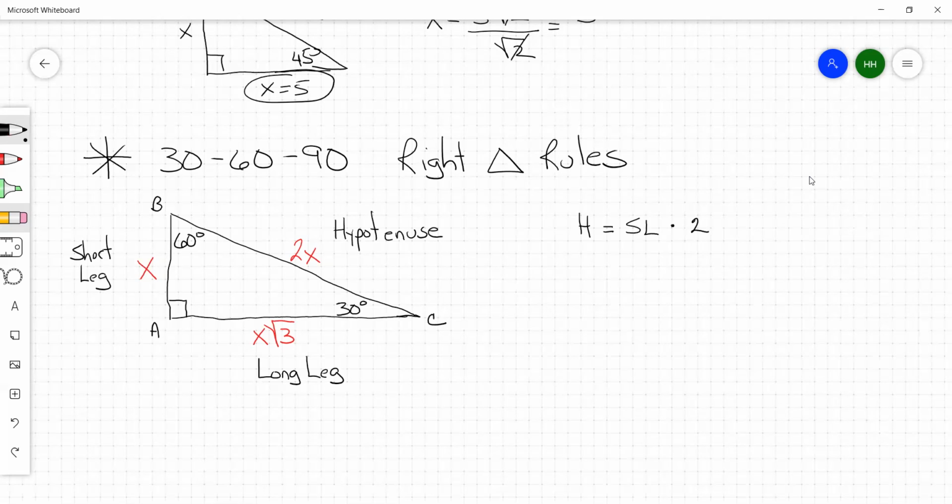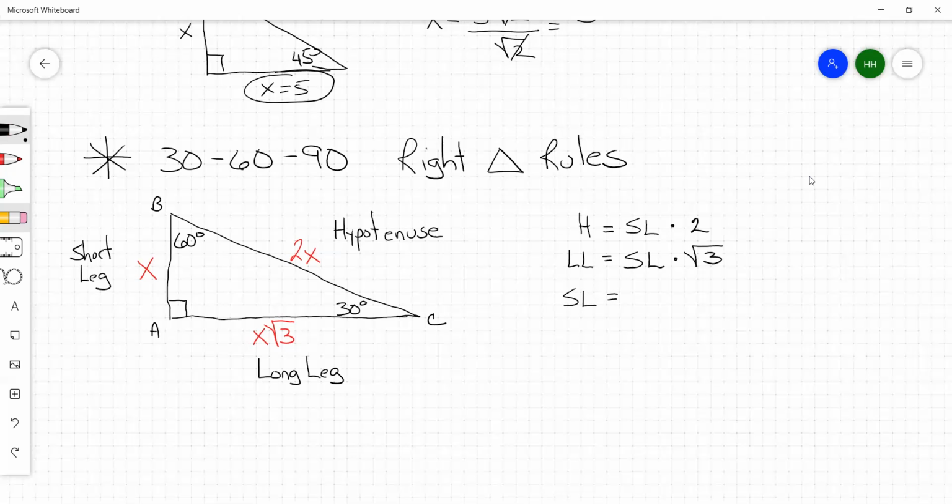All right. Long leg. What's the long leg equal to? Good. The short leg times the square root of 3. Now you got 2 ways to find the short leg.